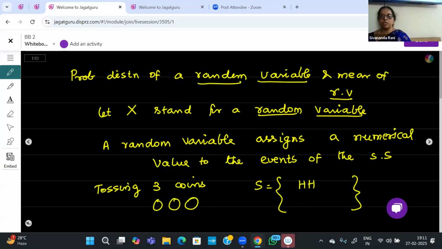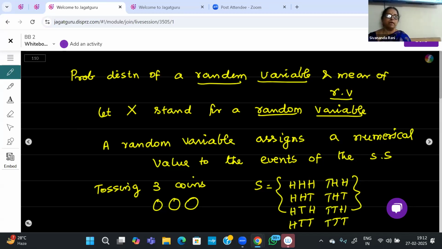So HH, HT, TH, TT. Then again, replicate HH, HT, TH, TT. Put H in the first place for 4 of them. Put T in the first place for 4 of them. Then you would have created your sample space, right?